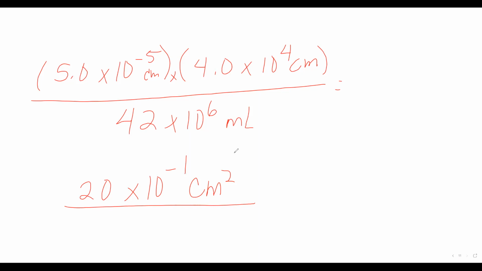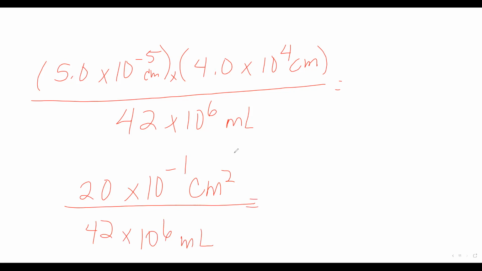So the sig figs so far are just going to be 2, and here we have 2. Now we need to divide into 42 times 10 to the 6 milliliters.